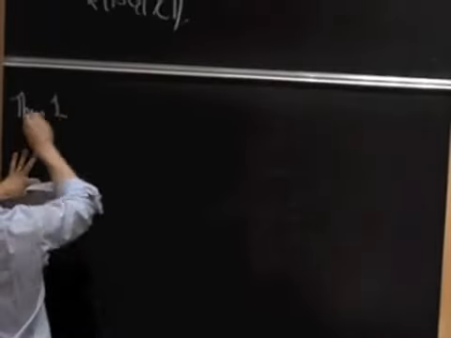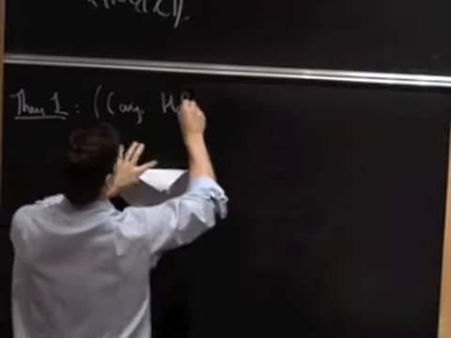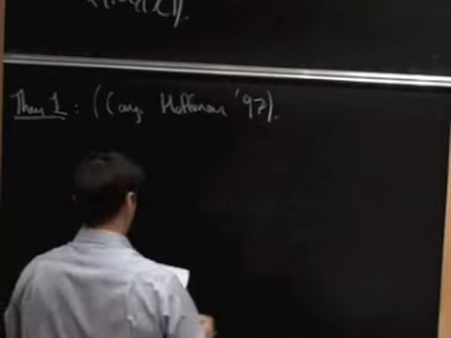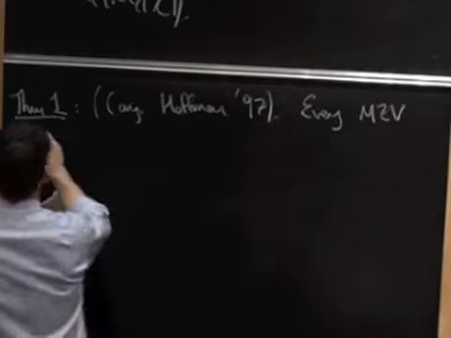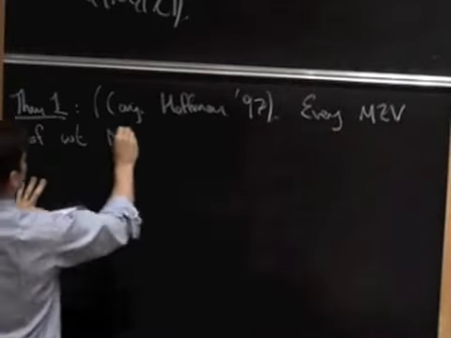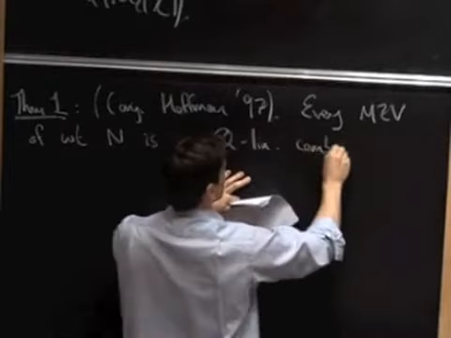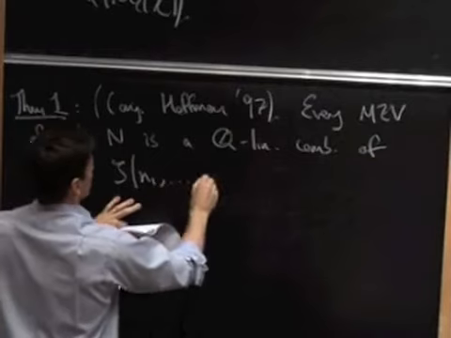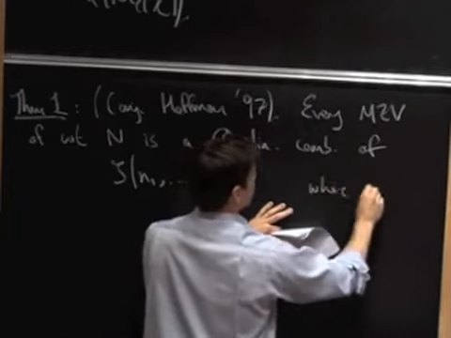And sort of the way out of this is the following theorem. So my first theorem, and this was a conjecture due to Michael Hoffman in 97. And the answer, in fact, I found very surprising, is that every multiple zeta value of weight n is a Q-linear combination of the zeta values where the arguments are all equal to 2 or 3.